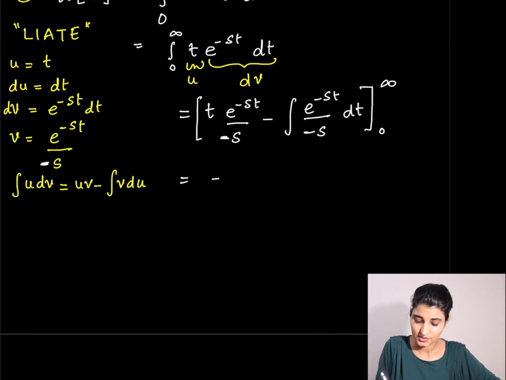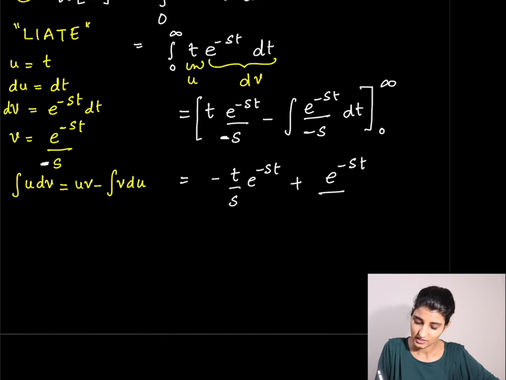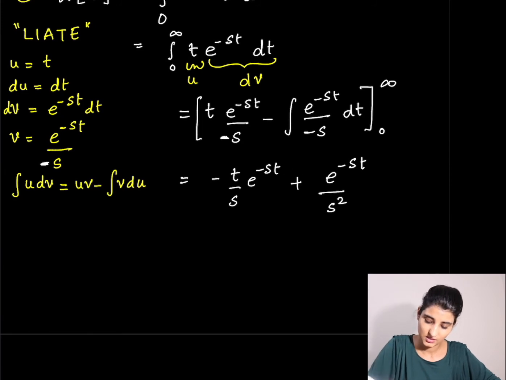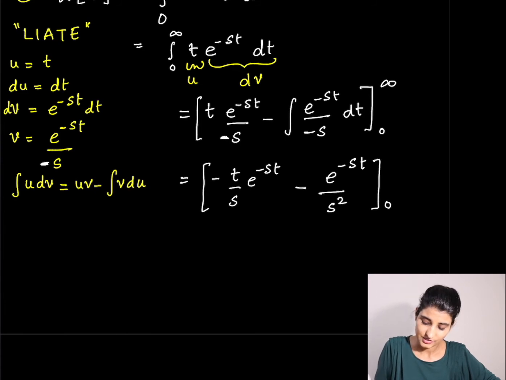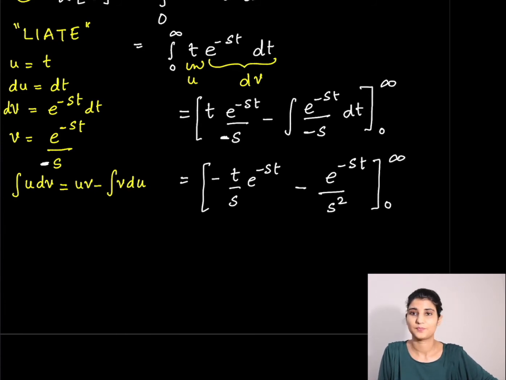For the first term we have negative t over s times e^(-st), and the integral of e^(-st), dividing by negative s again, will give s squared with a negative sign, and the limits are from 0 to infinity.